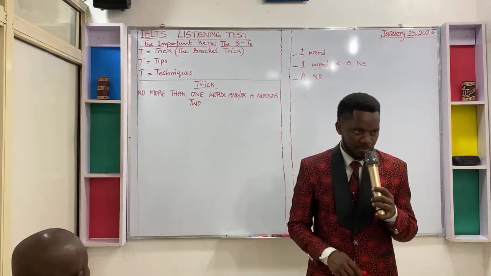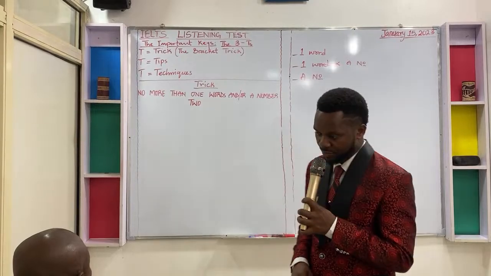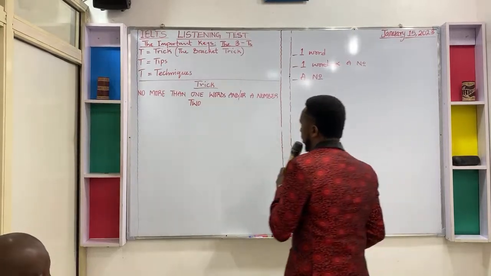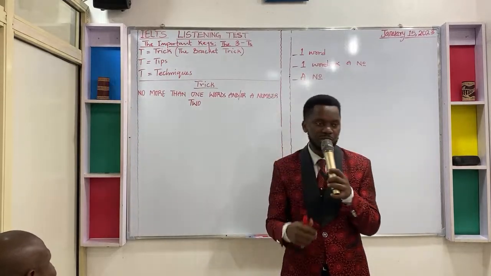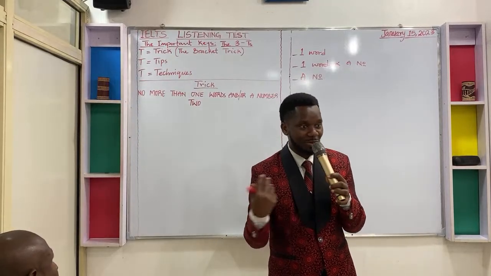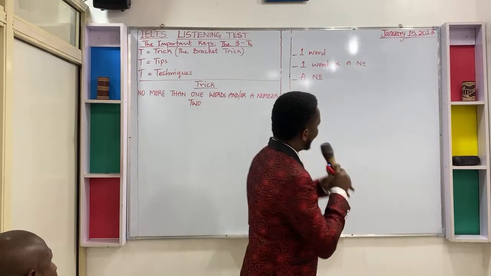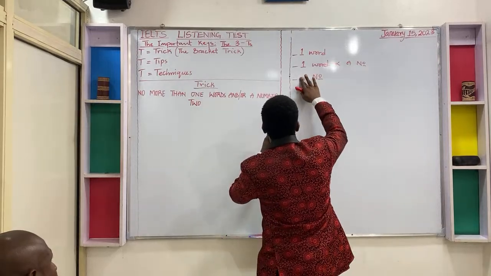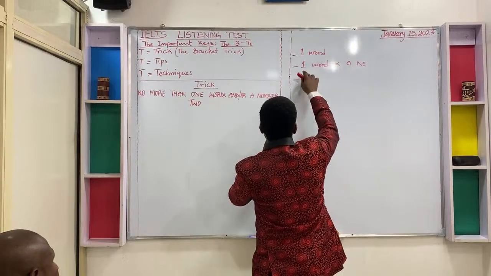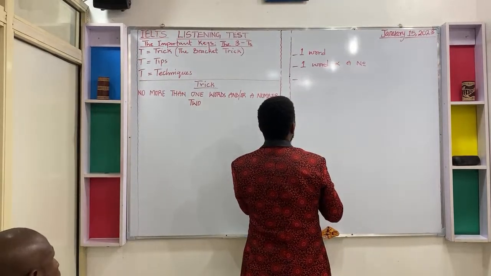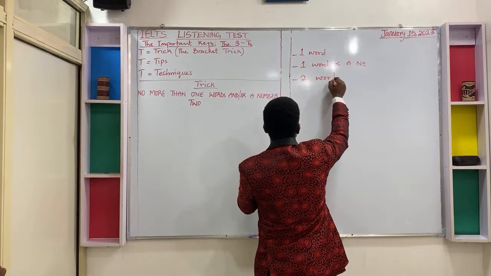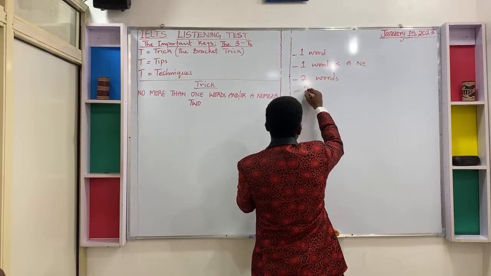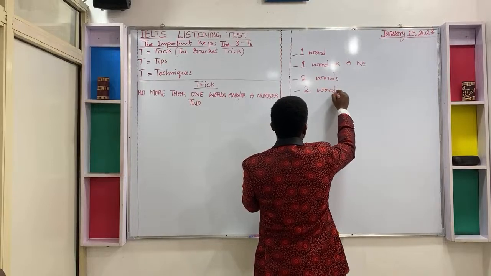50% correct. Now, "no more than 2 words and or a number" does not mean your answer should be 2 words, or 2 words and a number. No, it would still be 1 word. Your answer can be 1 word. It could be 1 word and a number. It can also be 2 words and a number. It could as well be 2 words only.